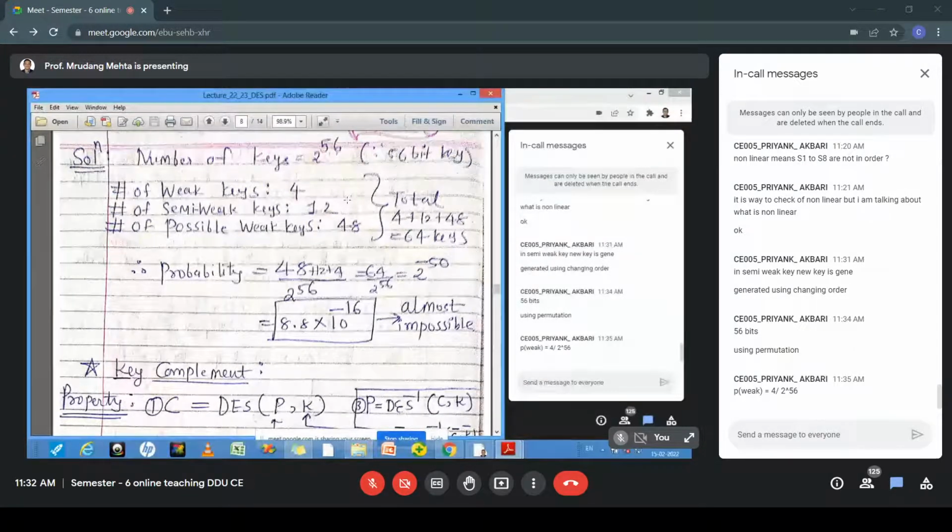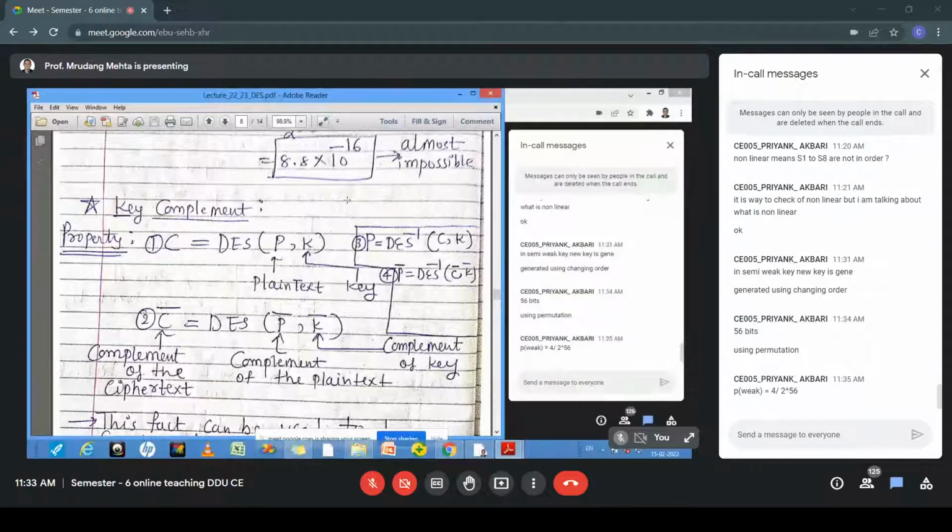You may think that if we use a 56-bit key, and there are 64 such keys, then it is possible that even if we apply DES, it will not perform the encryption properly. But how much is the probability? The probability is negligible, very less. 10 raised to minus 16 probability. So we can say it is almost impossible that you will use DES and it will use a weak key.